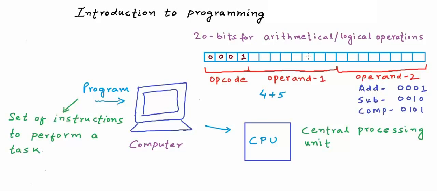Then 4 in binary is 100. Rest of these bits will be 0. And 5 in binary is 101. Rest of these bits will be zeros. Leading zeros will not mean anything. So what you have here in 20 bits is an instruction to add numbers 4 and 5 according to an example specification that I have picked.